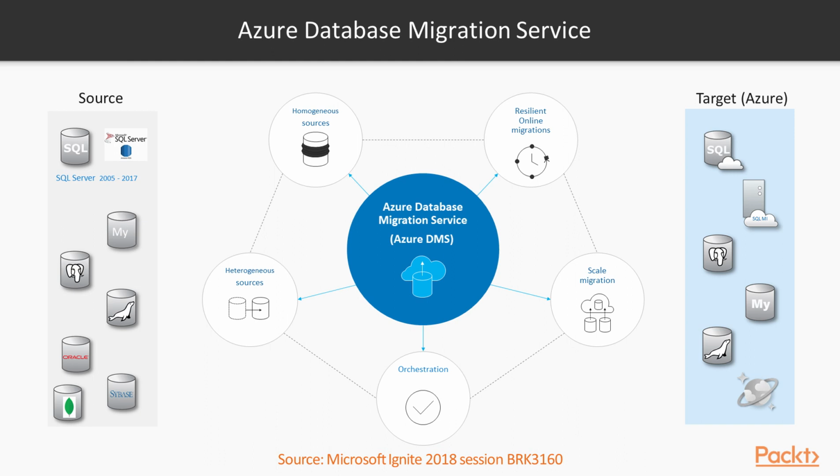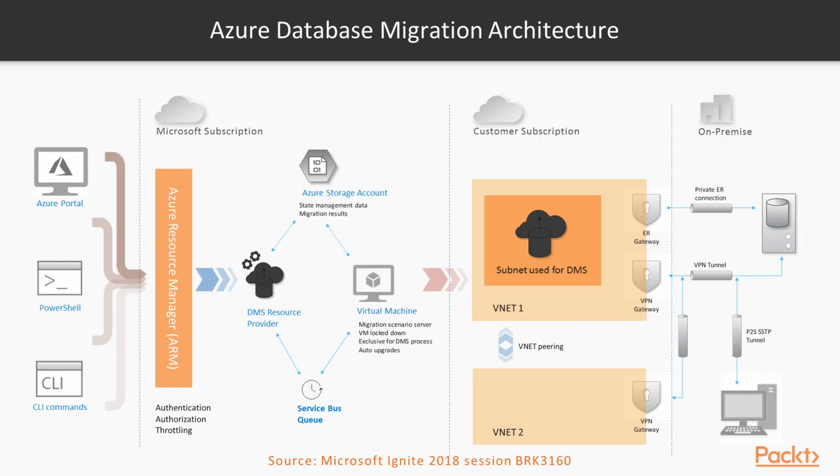techcommunity.microsoft.com. If you search for that session-specific number, it's about a 1-hour topic specifically around using Azure Database Migration together with another tool, or if you want, extending it and how to manage it. So you start on the left-hand side with your Azure portal, PowerShell, or command line options, integrating with your Azure subscription, connecting to an Azure storage account, because obviously it needs a landing pad for your database content that's being migrated, and migrating from a virtual machine into your Azure subscription.